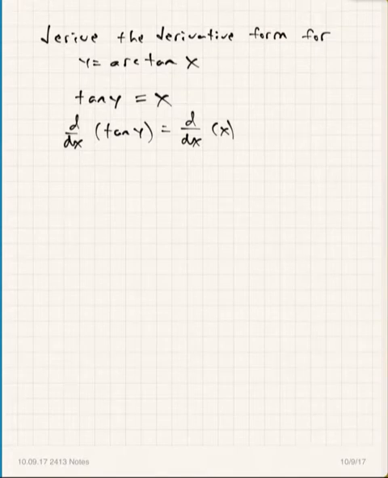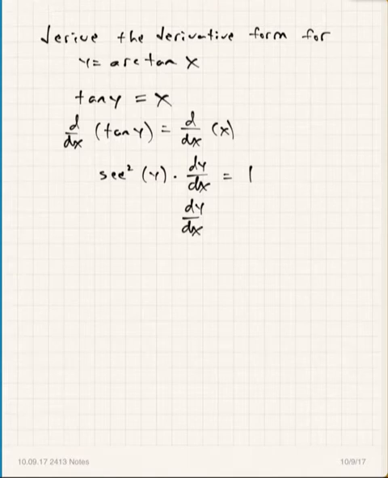So the derivative of the tangent of y, the derivative of tangent, that's the outside function, its derivative would be secant squared. And that'd be secant squared of y, and then times the derivative of the inside function, which would be dy dx. And that would be equal to 1. So then we have the derivative of y with respect to x is 1 over secant squared y.